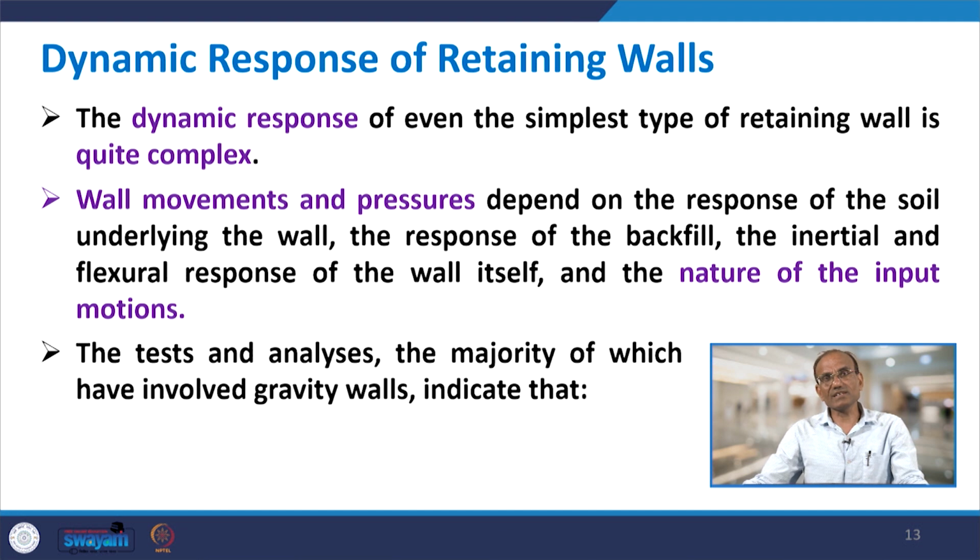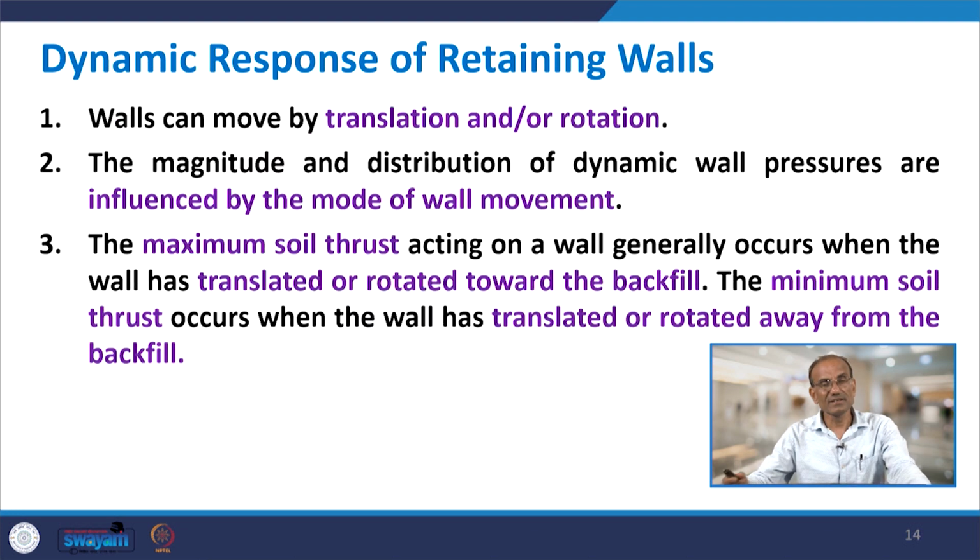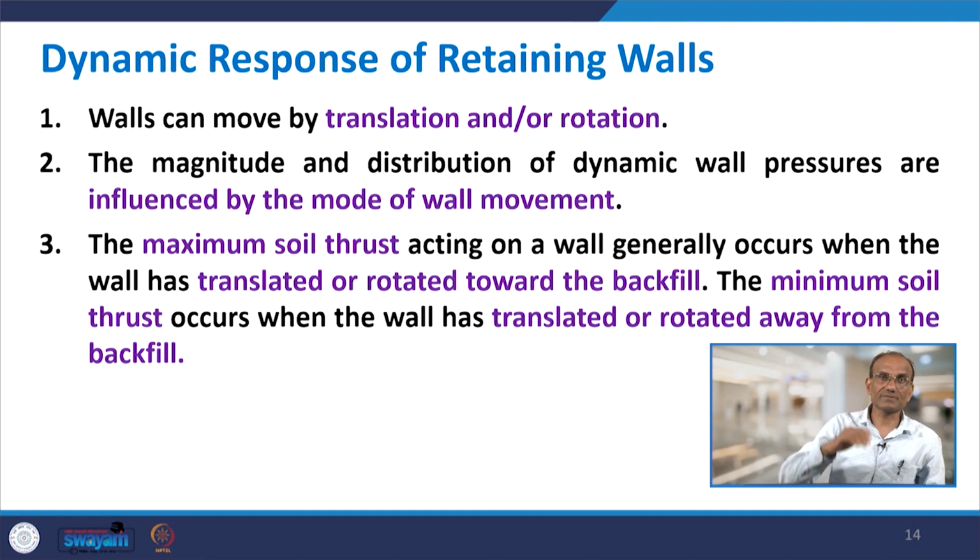The tests and analyses, the majority of which have involved gravity walls, have indicated that the wall can move by translation or rotation. So, there can be movement of the wall either by sliding or it can rotate.